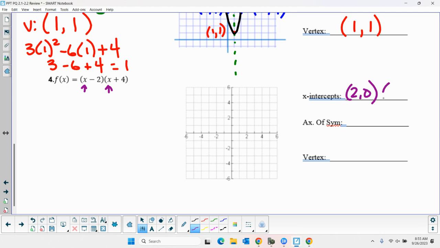So there's my 2 x-intercepts. So I'm going to do those. Label. Let's see. That's going to open up. So I'm going to put negative 4, 0 there. And 2, 0 there.